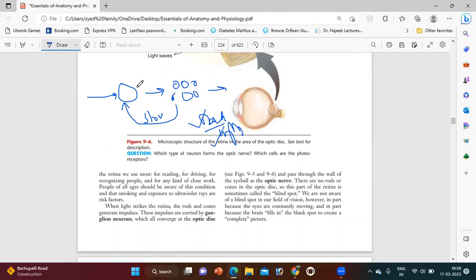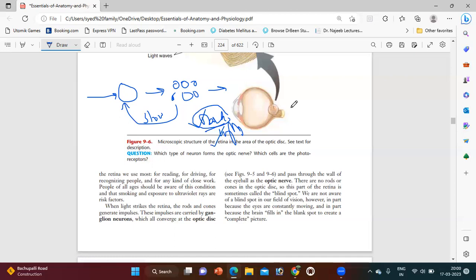The rhodopsin converted into scotopsin again resynthesizes into rhodopsin. It will take time. So in the darkness, you take time to see the outer environment.